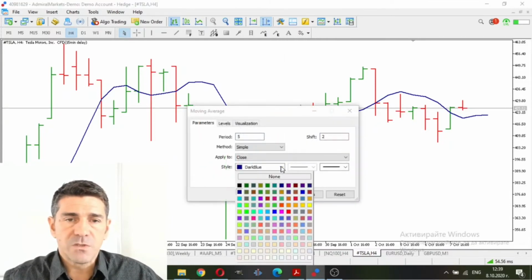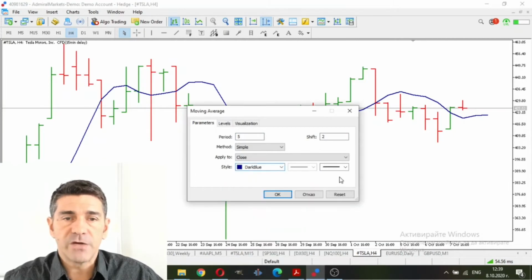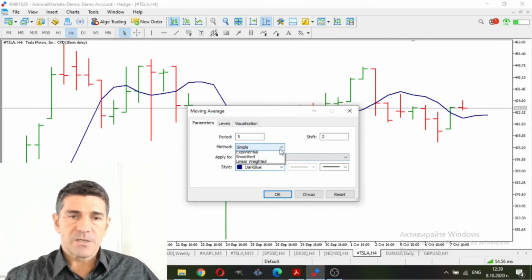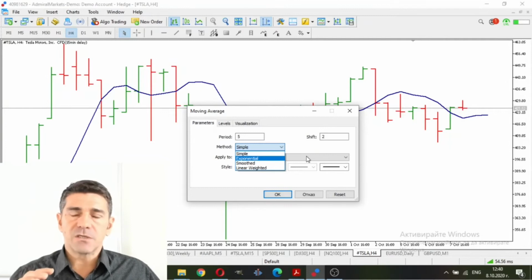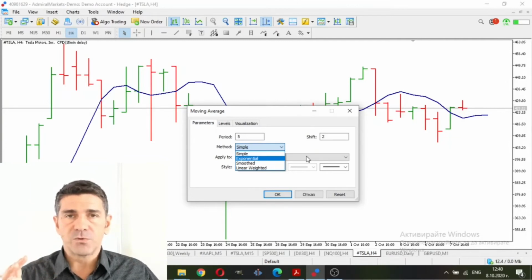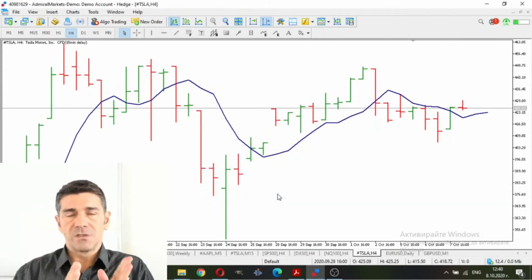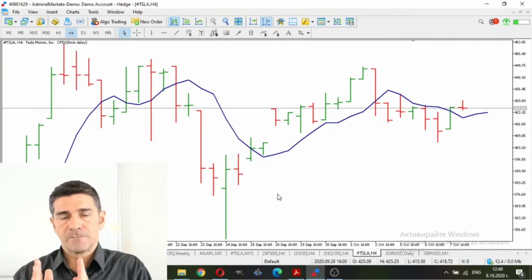Some words about the types of moving averages. By default, a moving average is a simple moving average, but there are also exponential smoothed moving averages. They use somewhat more complicated formulas to calculate this line. But briefly, what is the difference? The difference is that they give more weight to the latest price movement.